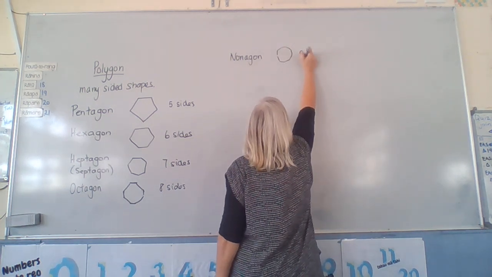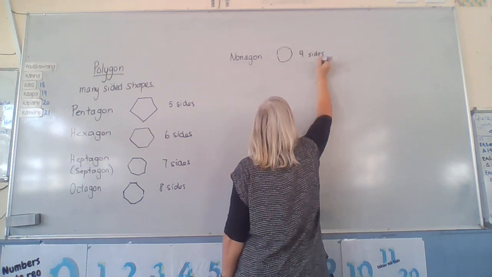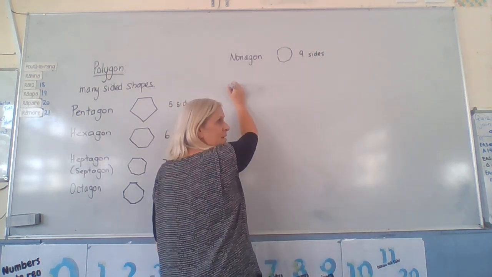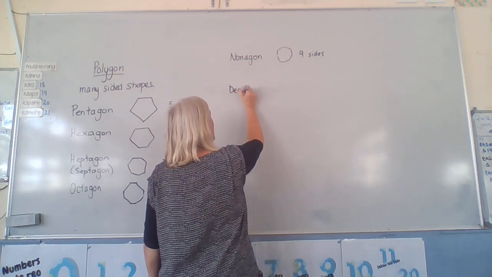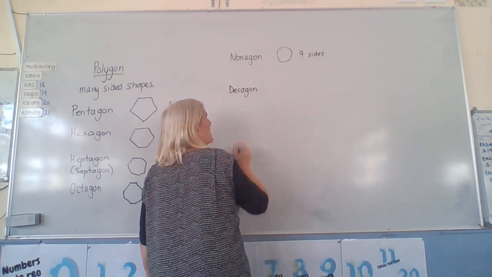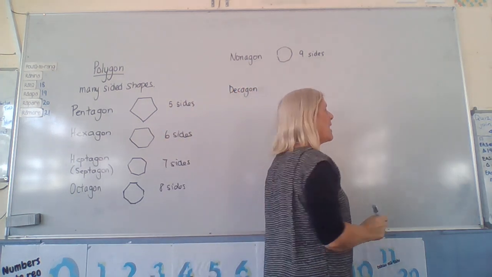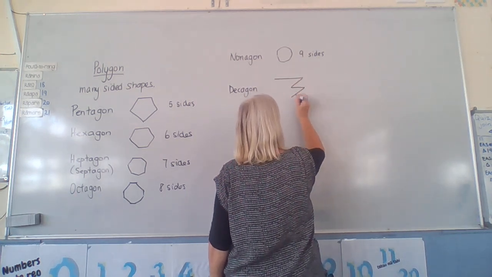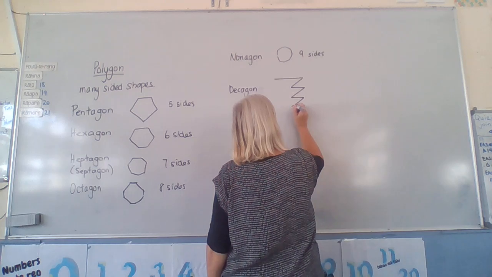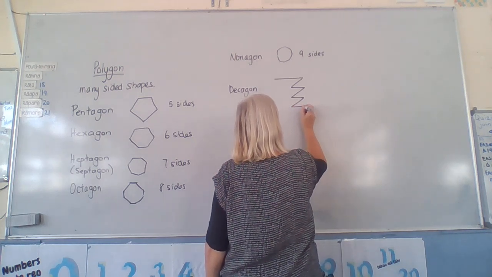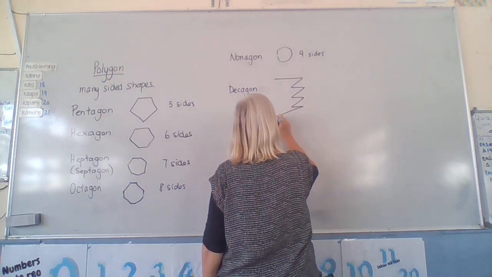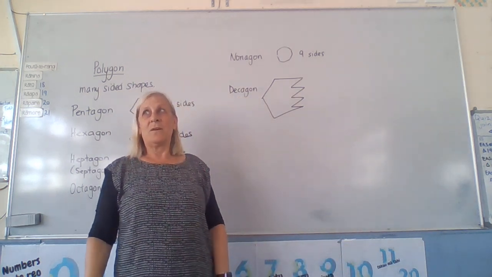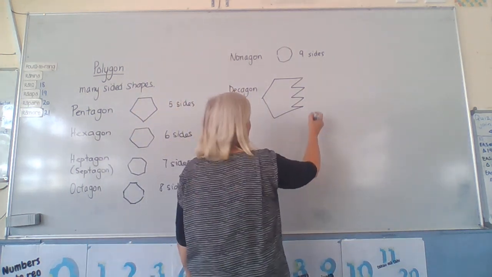Perfect. And a decagon. 10 sides. 1, 2, 3, 4, 5, 6, 7, 8, 9, 10. It's got 10 sides. It is a decagon.